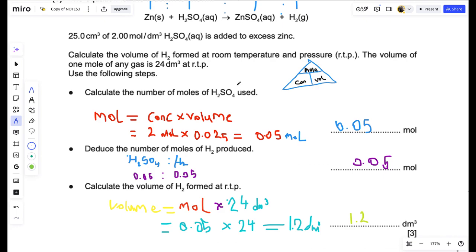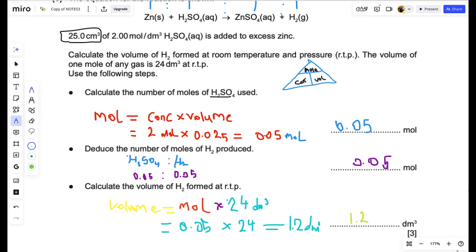Since they say we should calculate the mole, and they've told us the concentration, but the volume we have to change from centimeter cube to decimeter cube by dividing it by 1000. So they've given us the mole per dm3, this is the concentration, which is 2.